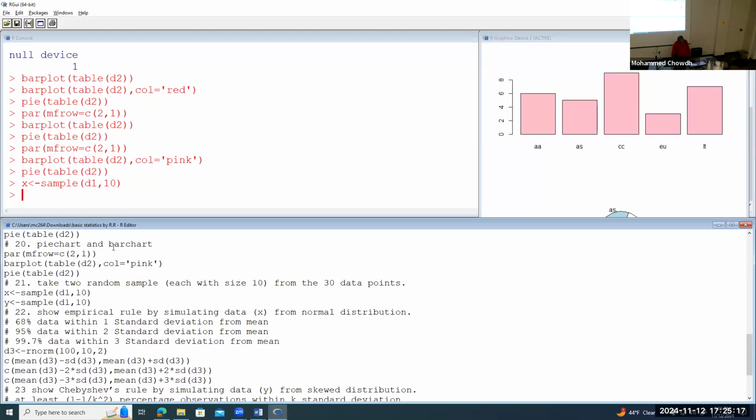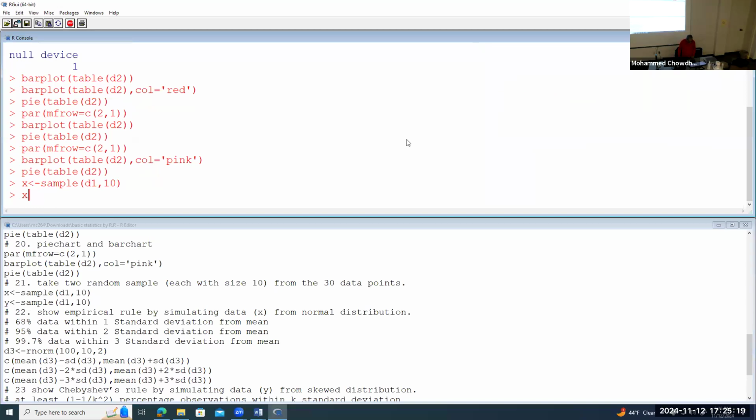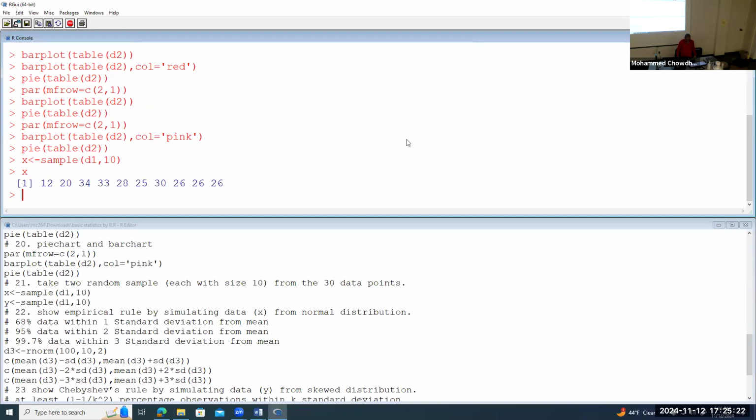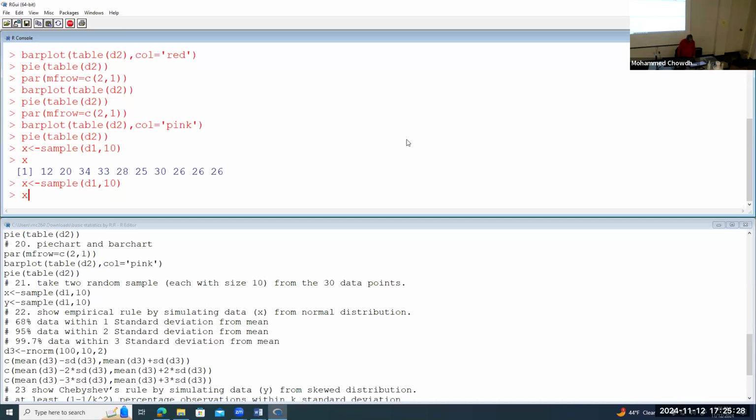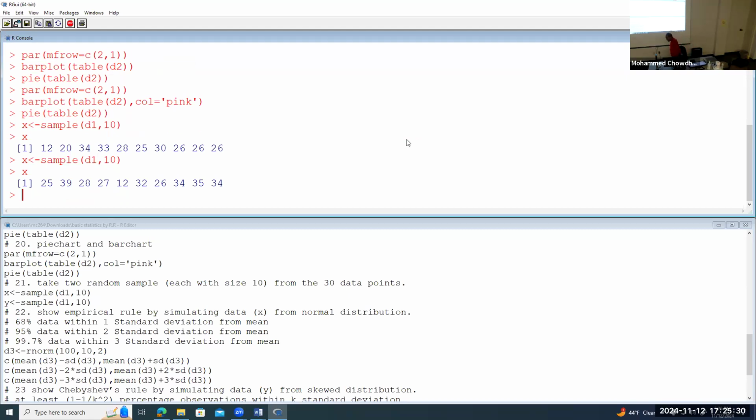Now, if I want to see this X, this is X. If you go there again and run it, are you seeing this is different, right? The first time I took a sample and put the sample in X: 12, 20, 34, 33, 28, 25, 30, 26, 26, 26. And if I take the sample again, then it is different because this is a random sample.